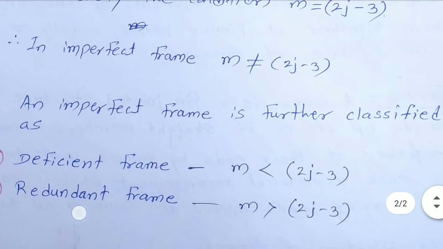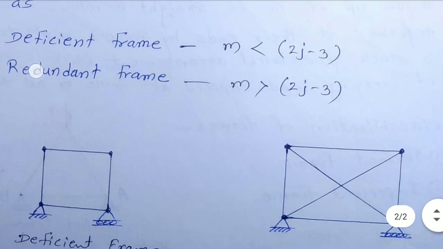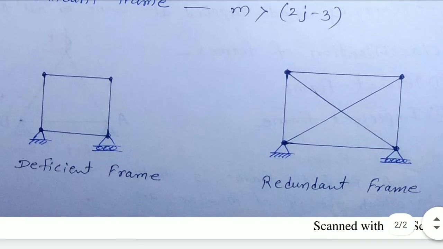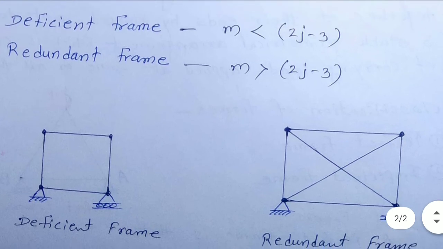If the given m, that is the number of members, is less than 2j minus 3, where j stands for joints, it is a deficient frame. If m is greater than 2j minus 3, it is a redundant frame. Let us see these diagrams, examples for the deficient frame and the redundant frame.